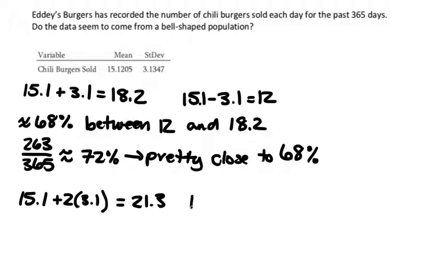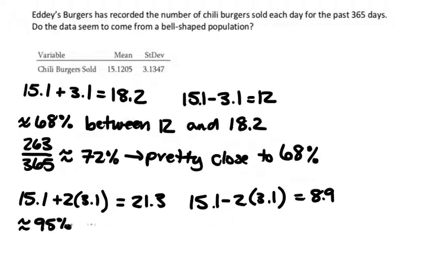And then 15.1 minus 2 times 3.1, I get 8.9. So approximately 95% of the data should be between 8.9 and 21.3.